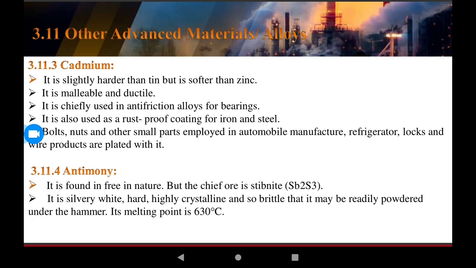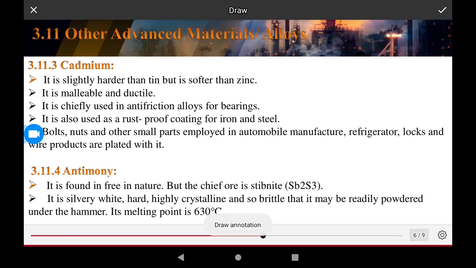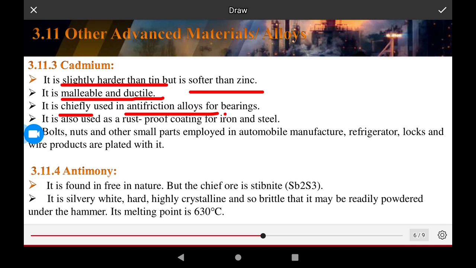Other advanced material is cadmium. It is slightly harder than tin, but softer than zinc. It is malleable and ductile. It is chiefly used in antifriction alloys for bearings.